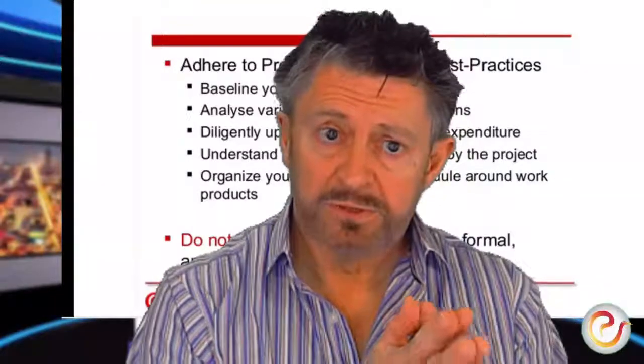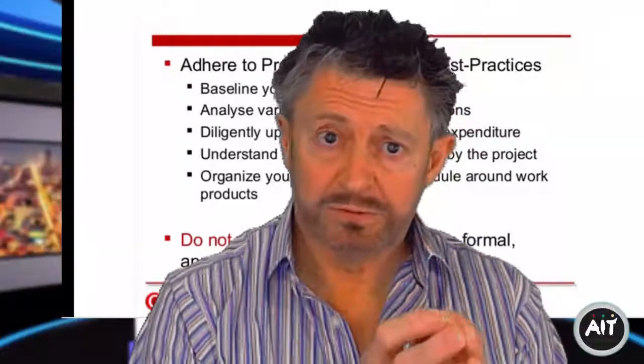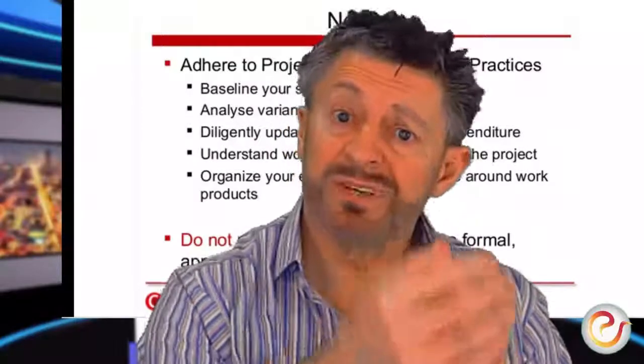And I'd talk about how that's how we monitor and control. You could make reference to earned value management as a methodology to help you monitor and control projects, but not critical, because that comes up in the next assignment.